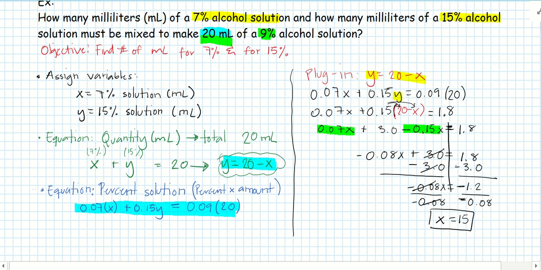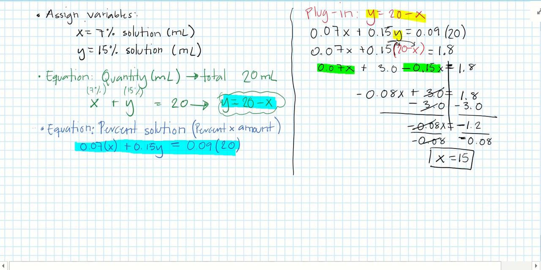Okay, so what I did on these steps is basically solve the equation by moving numbers away from x. So x equals 15. Remember x represents the 7% solution, so we found the 7% solution. Now we need to find how much of the 15% solution.